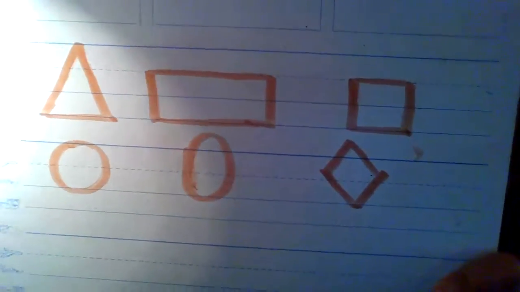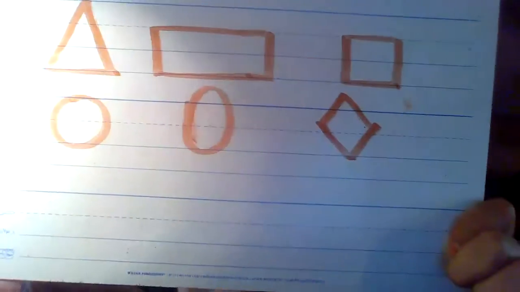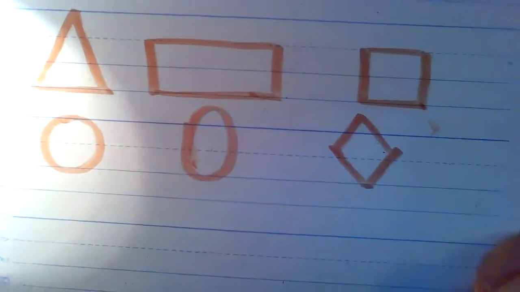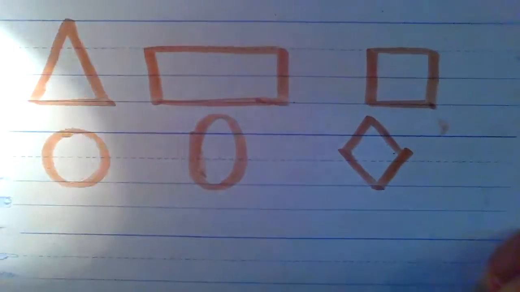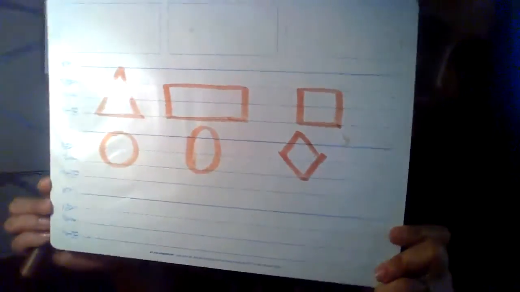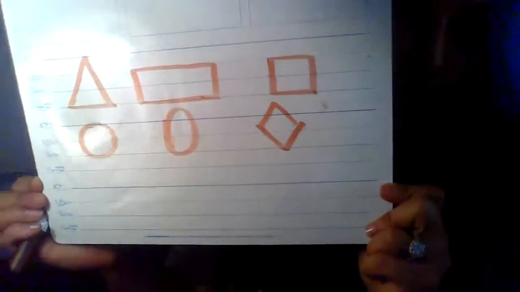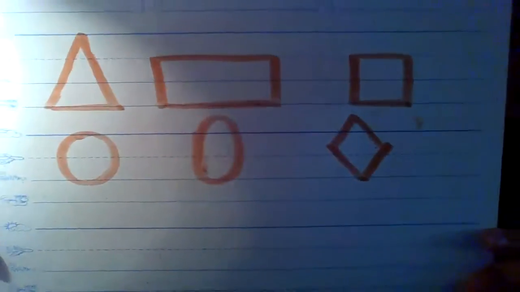I'm going to challenge you guys to find these shapes around your house. And the last challenge is going to be, see if you can draw a picture using all the 6 shapes. Pretty easy, right? You guys are masters of these 2D shapes, so it should be pretty simple to find.